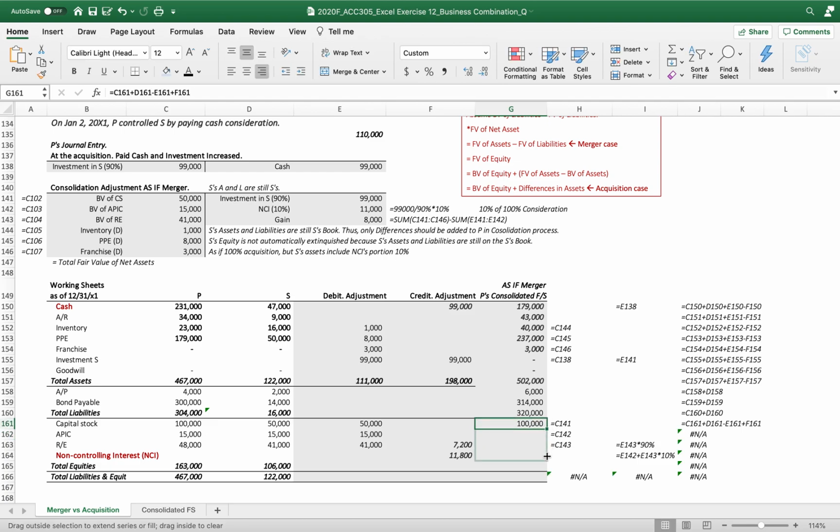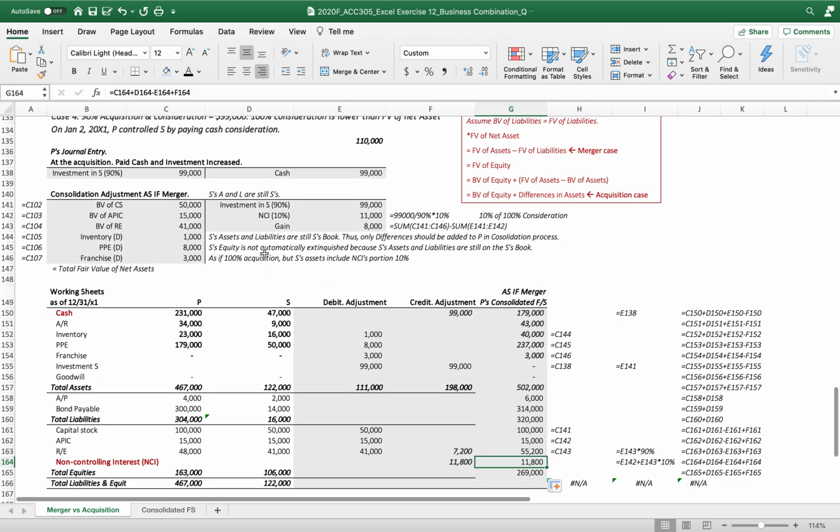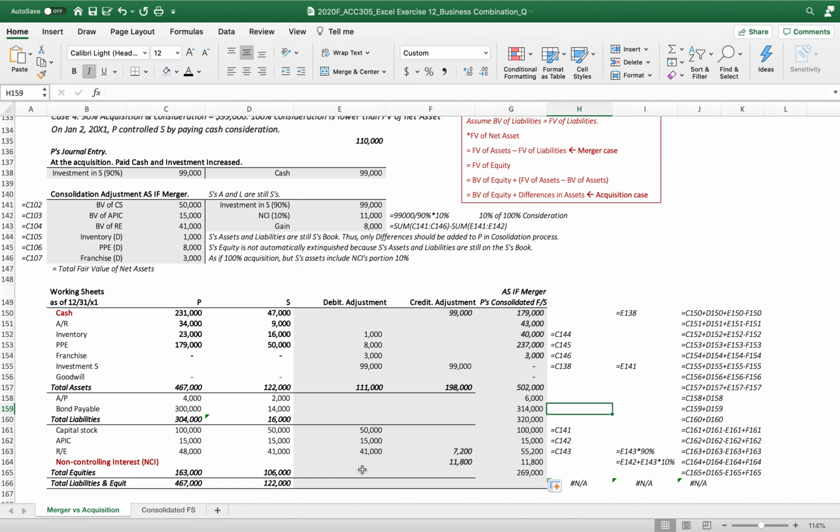So when I drag down, okay, do you see we have a new retained earnings and a new non-controlling interest, which is different from the previous case. In this case again, we create a gain, not goodwill, so there's no goodwill account at all. Okay, so let me clarify all these transactions in this working sheet. Then we got it.